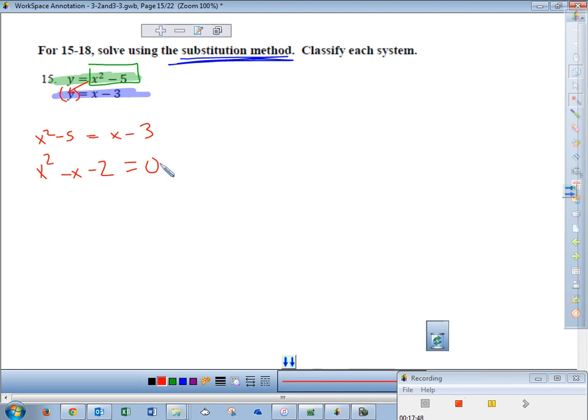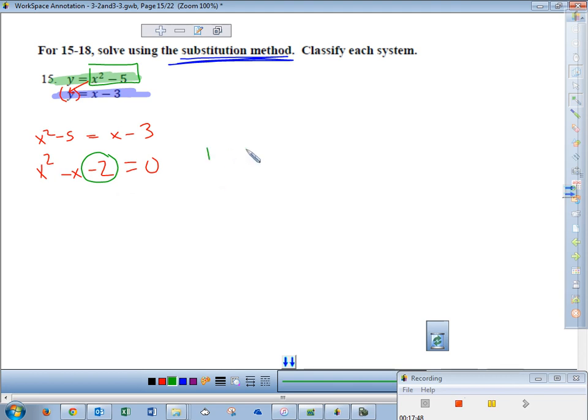That guy is in standard form now. We cool? Let's see if I can factor him. Is there a GCF I can take out of this? Yes or no? Nope. What's the A value? 1 or not 1? Let's see if we can find two numbers that multiply together to be -2 and add together to be -1. Tell me about the two numbers: both positive, both negative, or one negative.